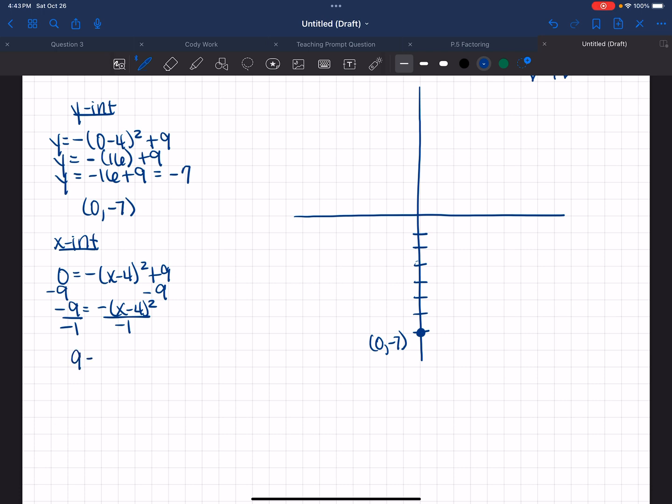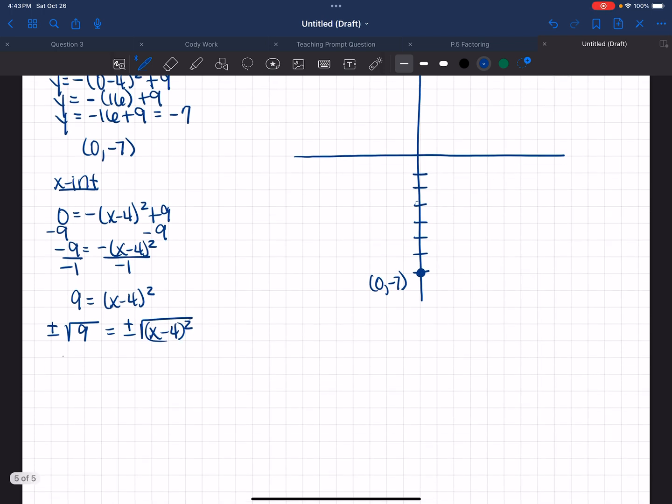That's going to be 9 equals (x minus 4) squared. I'm going to take the square root of both sides, so plus or minus the square root of 9 equals plus or minus the square root of (x minus 4) squared. And that's going to leave me plus or minus 3 equals x minus 4. Not plus or minus x minus 4, I'm sorry. We don't have to put it on that side.